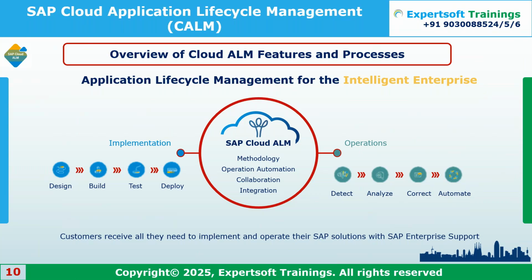That can be tracked in a single window, and the project manager can see all the changes and the tracking of the projects and the deliverables which have been delivered and which need to be delivered further.